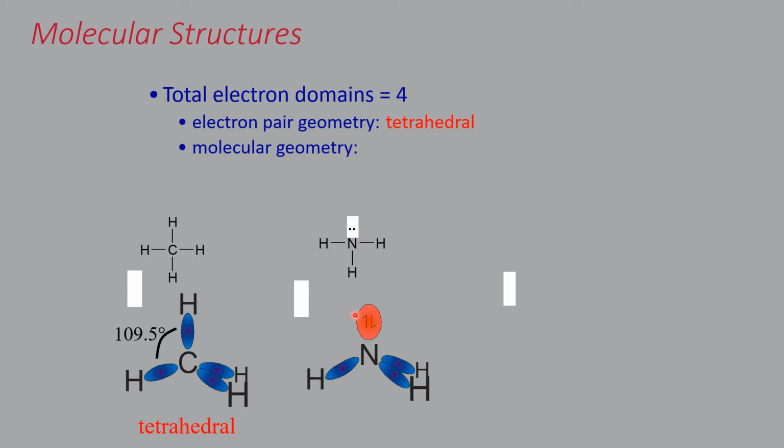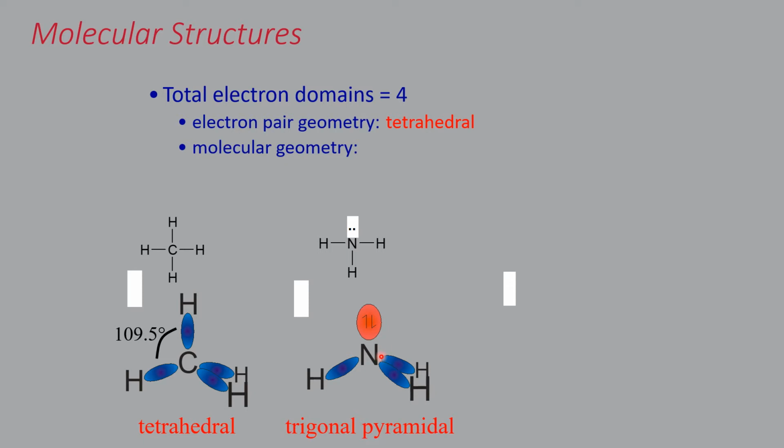And again, you want to think about the shape that the atoms themselves make, so look at where the letters are. Ignore that lone pair, that unshared pair right here. You can see the 3 hydrogens form a triangle, but the nitrogen is actually up out of that plane.